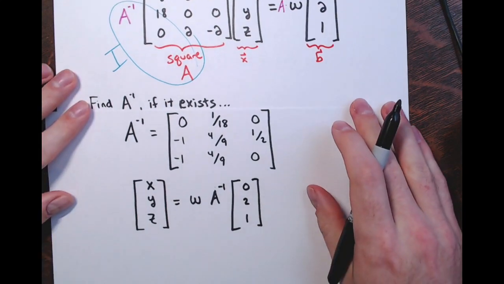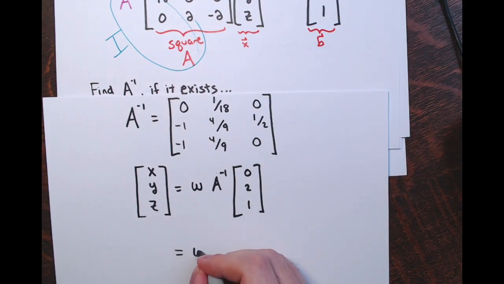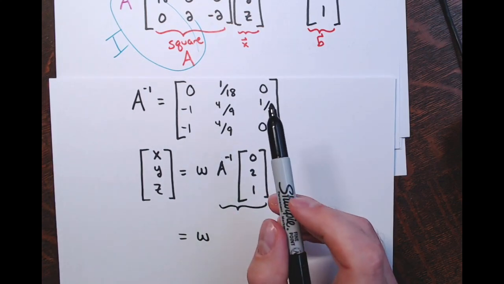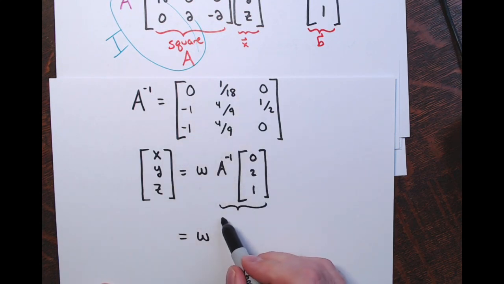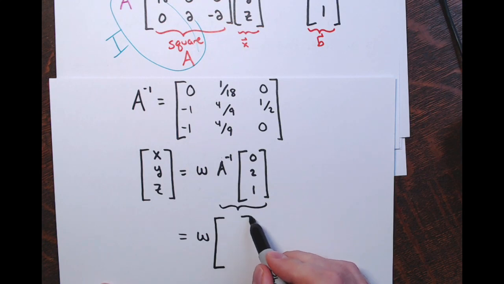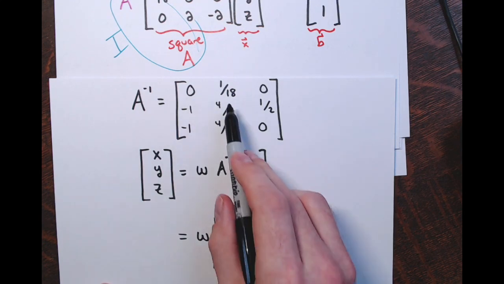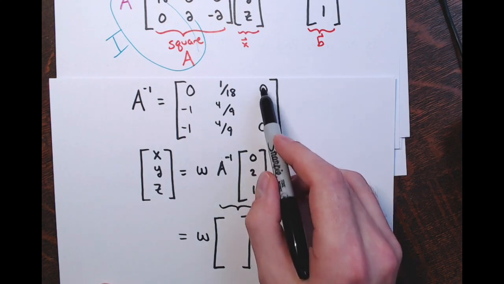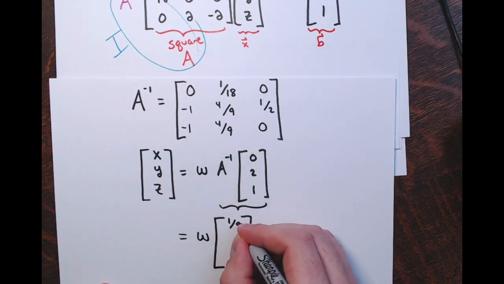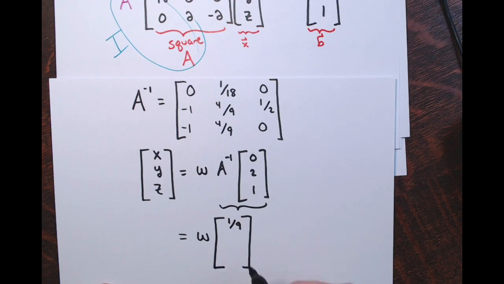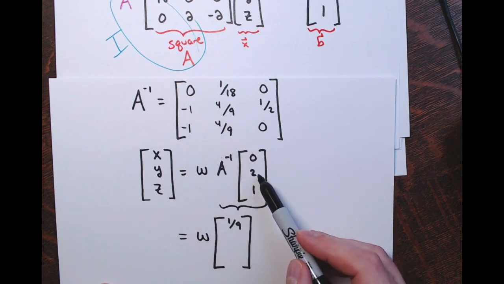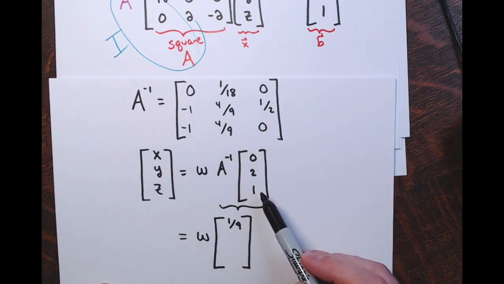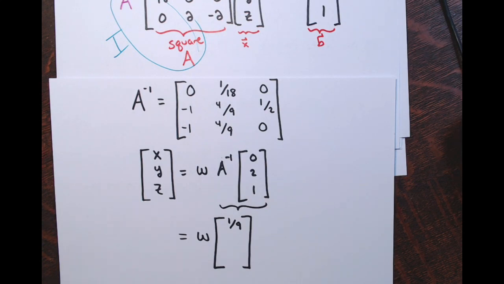Let's see what we get. So this is equal to W, and when I multiply these two, I'm going to do it out in my head here. This is a 3 by 3 times a 3 by 1. This will end up being a 3 by 1. First row, first column, I'd have 0 plus 2/18 plus 0. So that's 1/9. Then second row, you'd have a 0, then 8/9 plus a half.